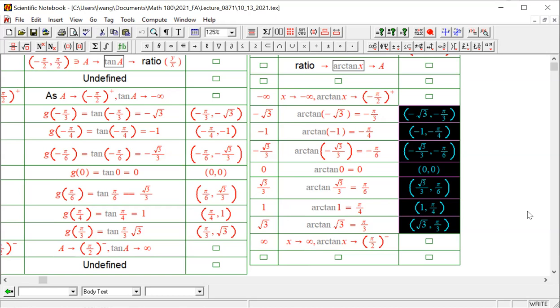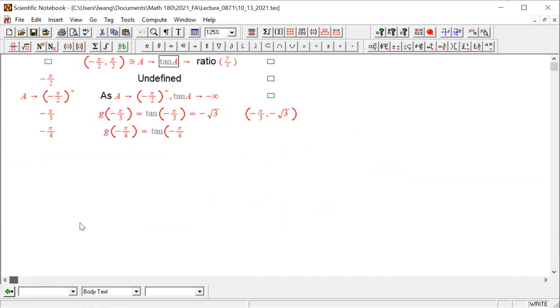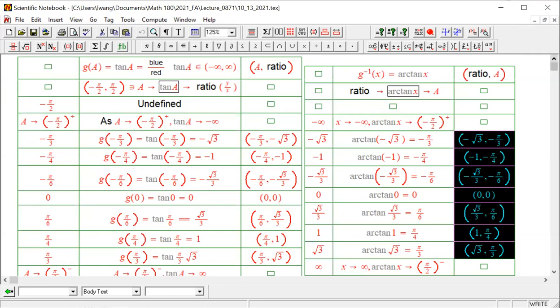Is everybody with me so far? All of what we're doing right now is just swapping XY. We swapped the domain and range already, right?